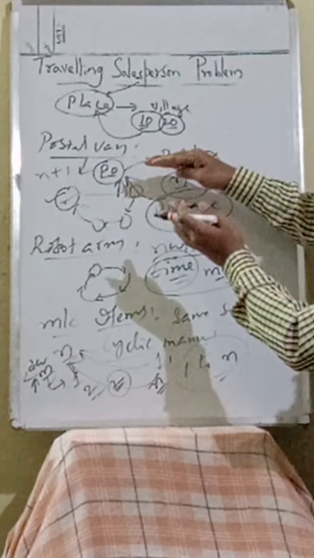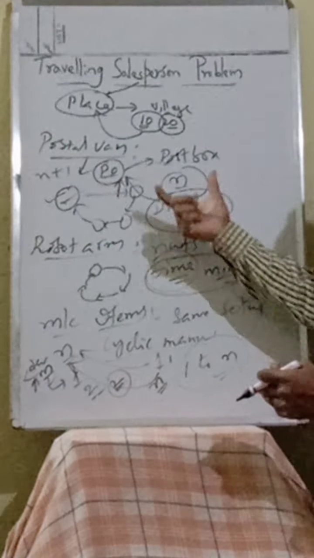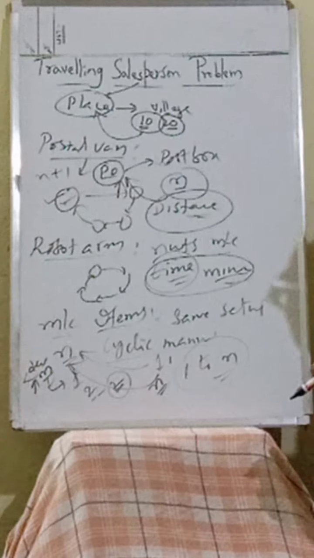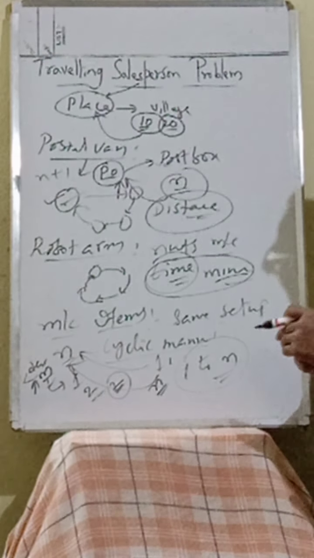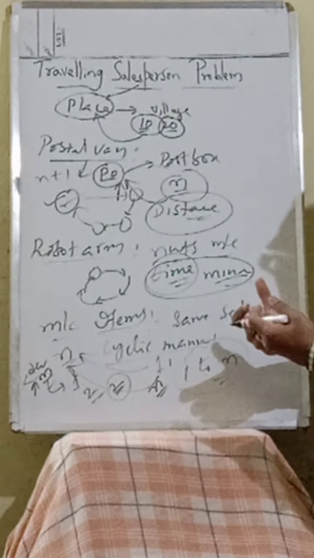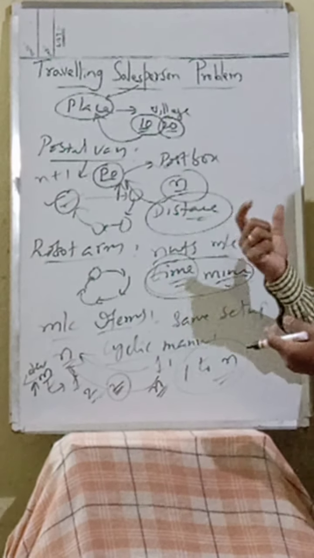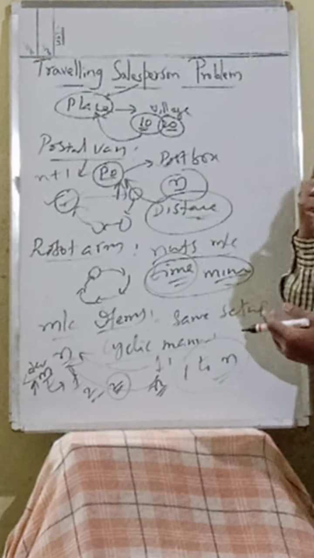So like this we can take all the related examples, and we can solve these examples using dynamic programming, that is, the traveling salesperson problem. Now I am going to take one example with one simple graph, and I will explain how we can calculate the optimal path using the traveling salesperson problem.